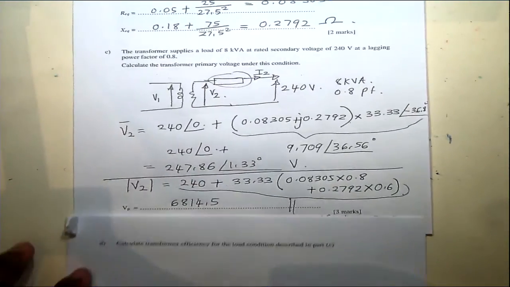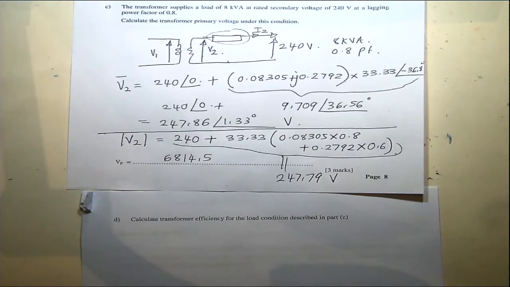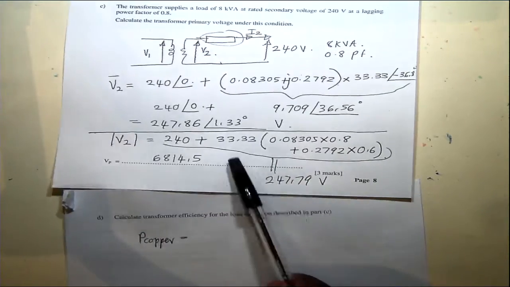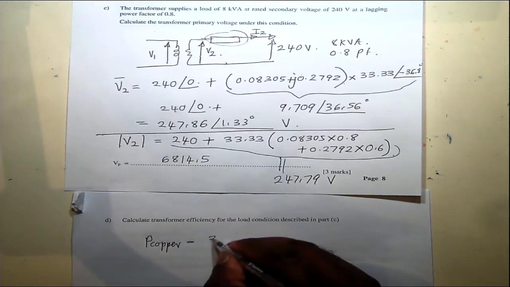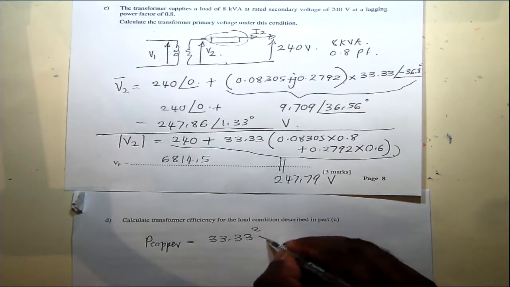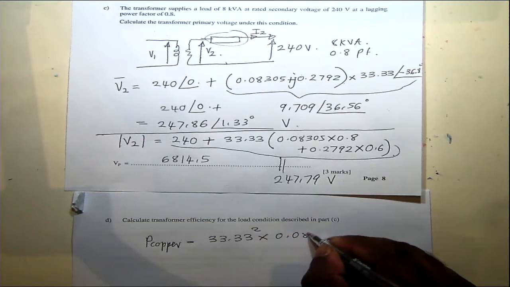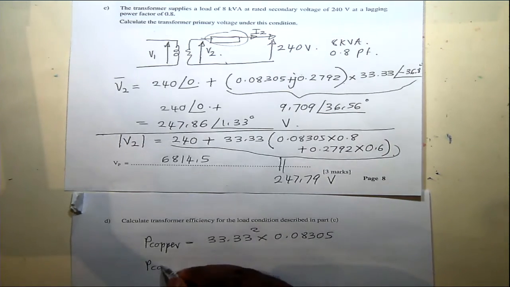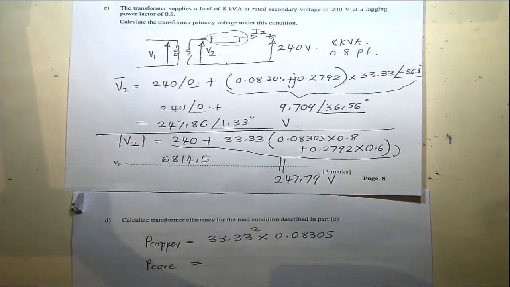The next part of that question: calculate the transformer efficiency for the load condition described. So we have the core loss resistance and the copper loss resistance calculated. So the copper loss will be the current squared times R. So that's 33.33 squared times 0.08305. That's the copper losses, 92.27 watt. And the core losses, you can either use whatever value you calculated either on the primary or the secondary.